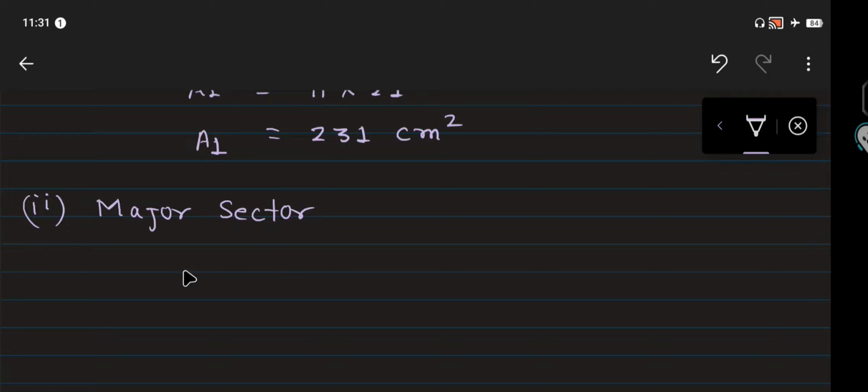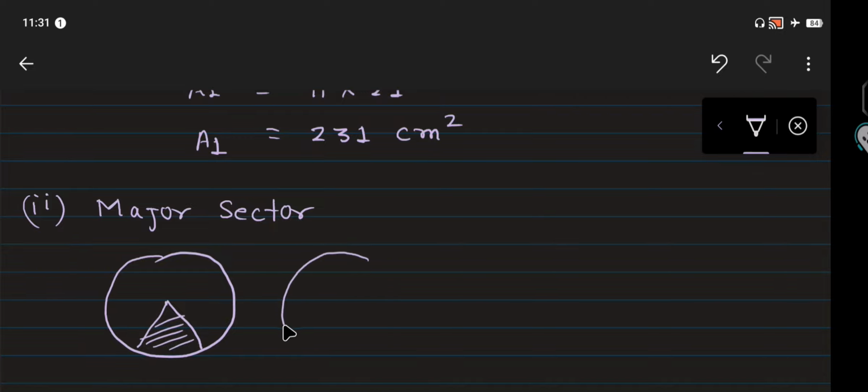So you see, in this circle we have calculated this area, the minor one. So if from the whole circle you take out this smaller one, then the remainder will be only this, and this is the major sector.